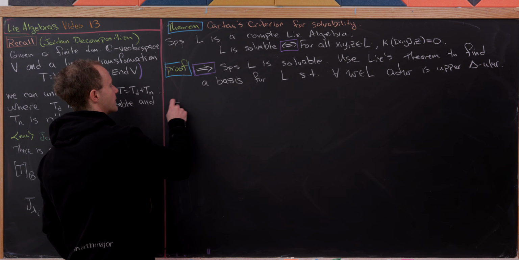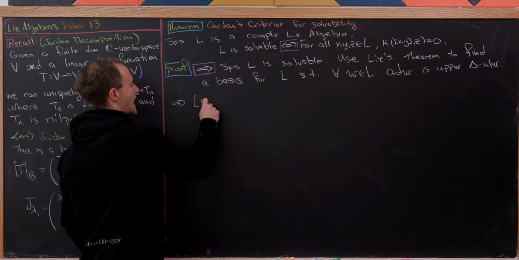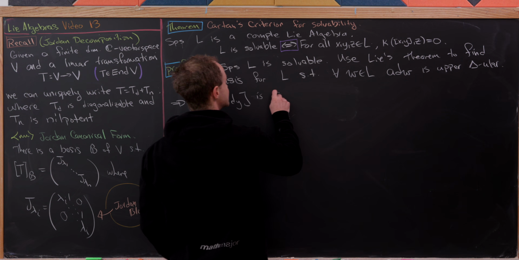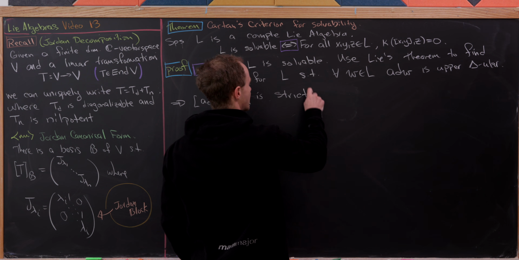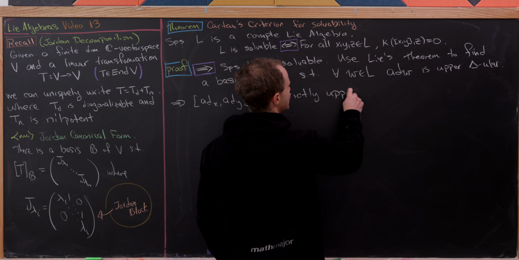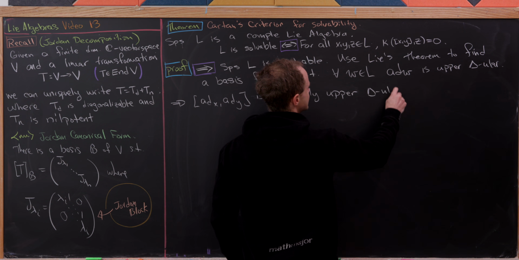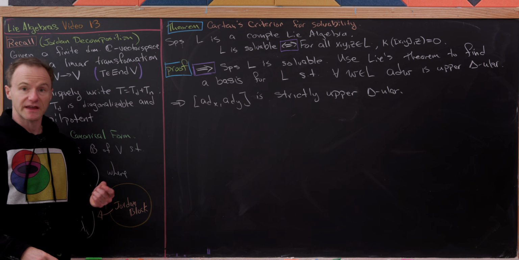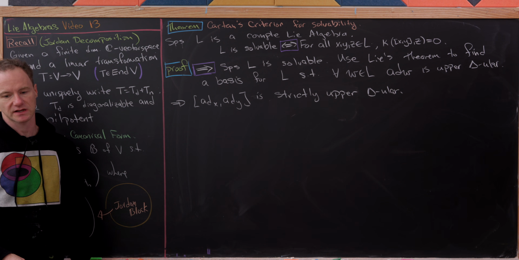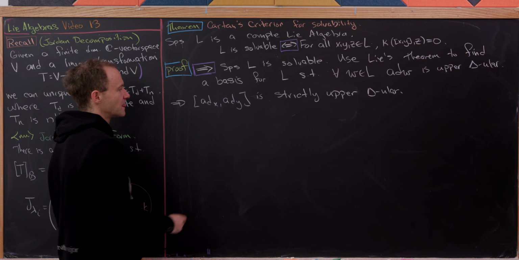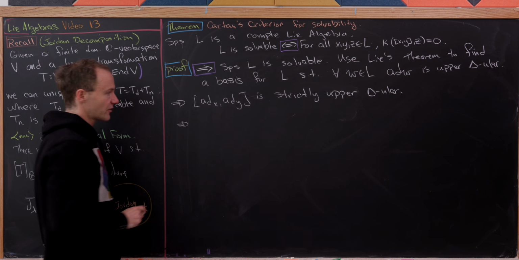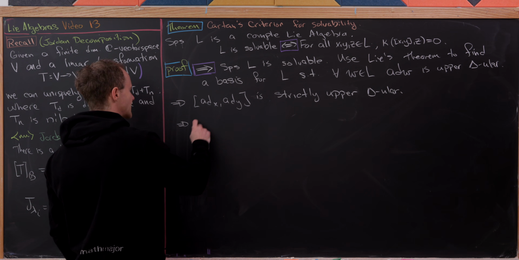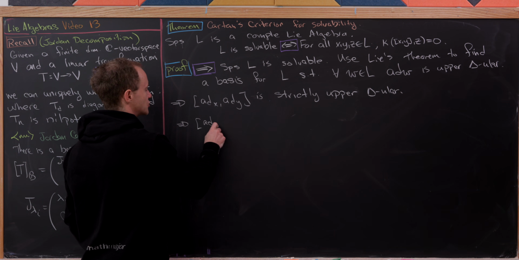Now from there we see that the bracket of ad x with ad y is strictly upper triangular. The thing we're using here is that if you take two upper triangular matrices and take their commutator, you get a strictly upper triangular matrix. Furthermore, if you multiply by another matrix, you still get a strictly upper triangular matrix.